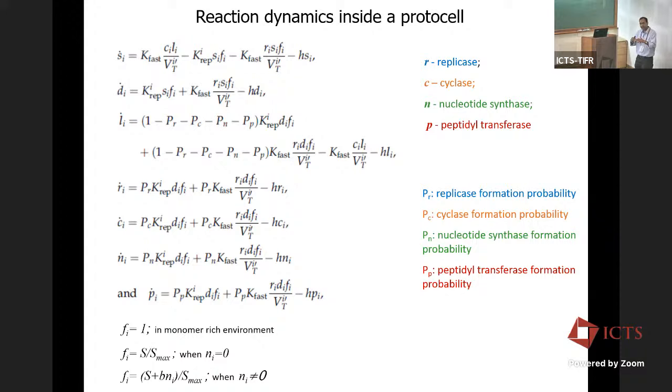So we assume that if we can produce a large number of replicates through this template-directed rolling circle mechanism, then by chance, a ribozyme might emerge. And once that ribozyme emerges, if that ribozyme happens to be a replicase which can speed up subsequent replication reactions, then that leads to a positive feedback effect, which increases the number of sequences inside the protocell even more.